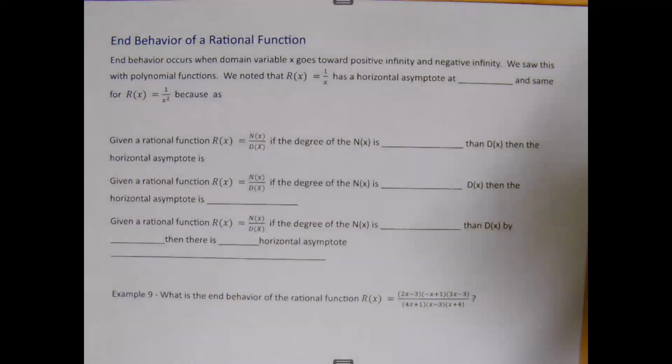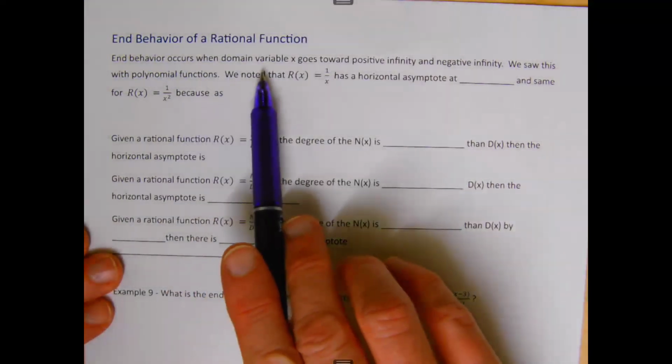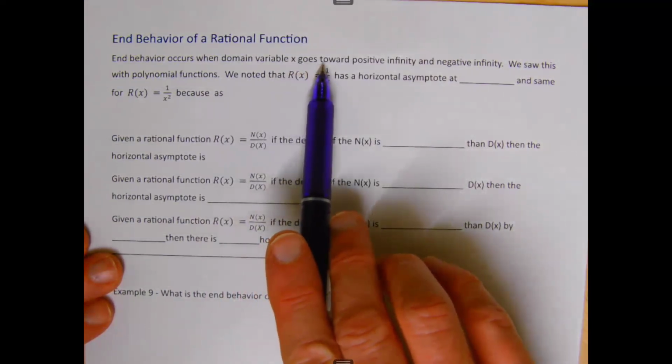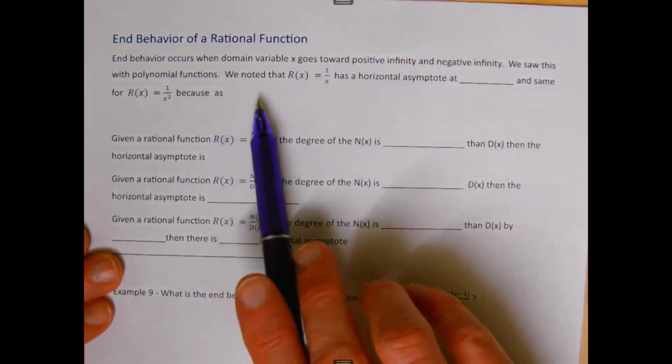Okay, so let's look at the end behavior of a rational function. The end behavior occurs when the domain variable x goes towards positive infinity and negative infinity. We saw this with polynomial functions.